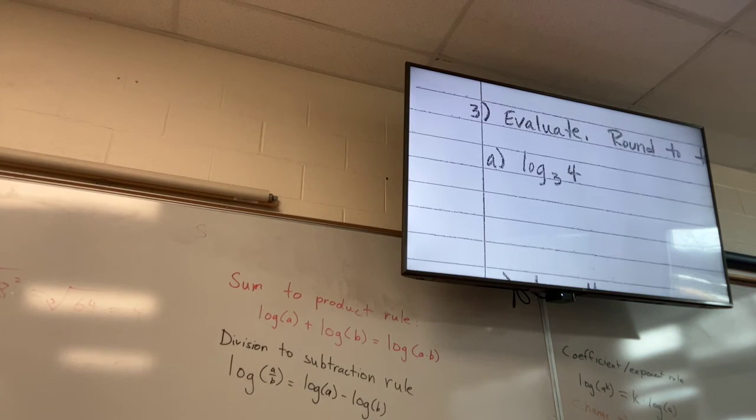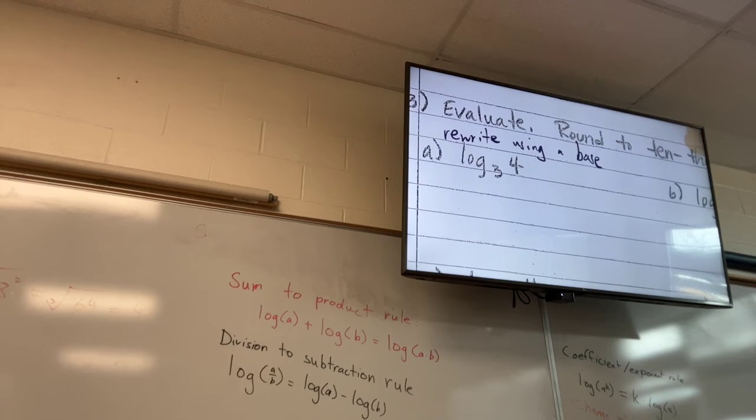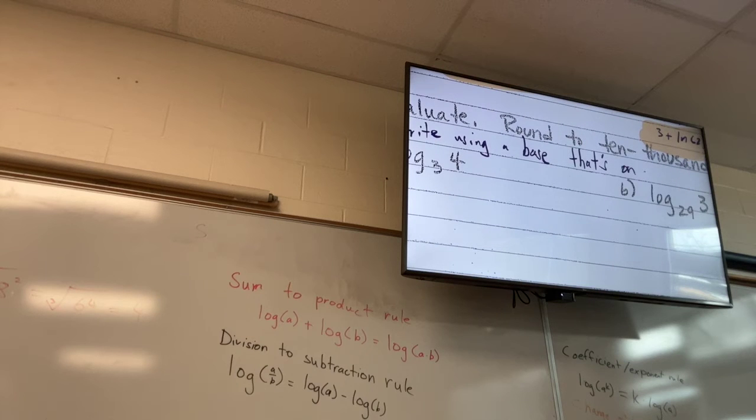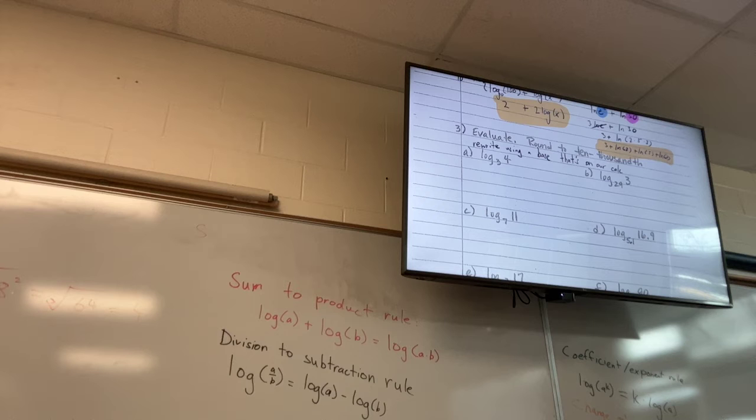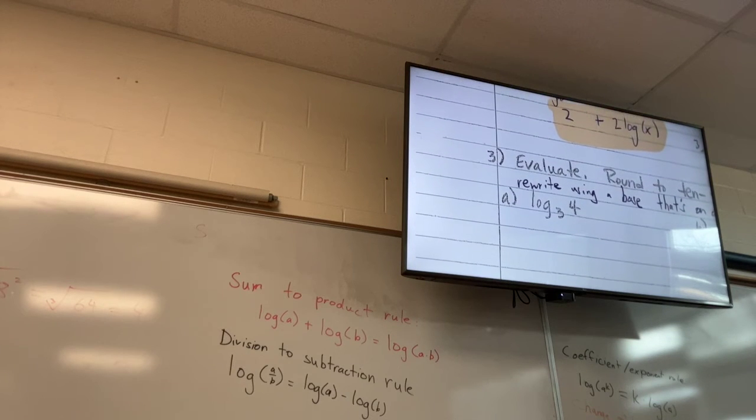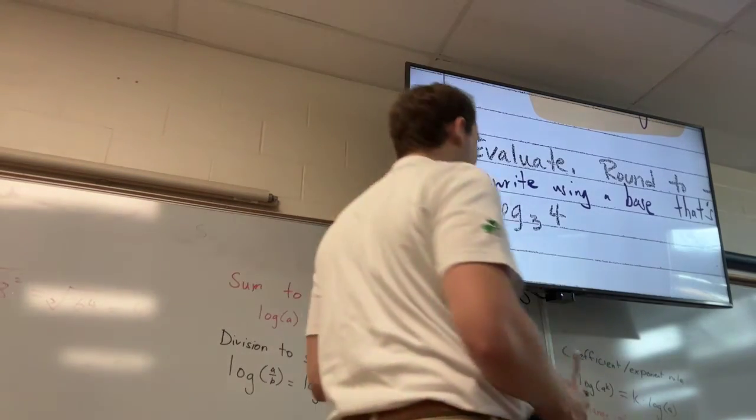We want to rewrite this using a base that's on our calculator. So we want to rewrite this using base 10 log or base e logarithm.